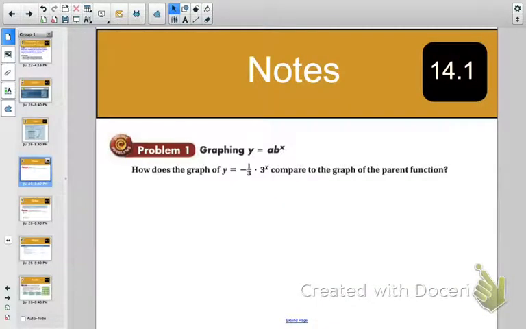If we look at this one, how does the graph of y equals negative 1/3 times 3 to the x compare to the graph of the parent function? This should be a compression because it's a 1/3 here. So instead of stretching up, it's going to compress down. Let's say your original function looks like this.